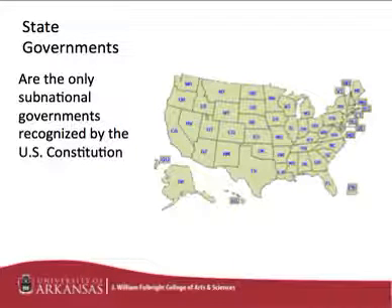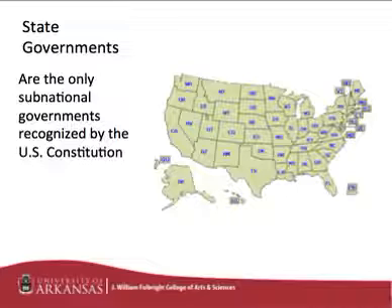Now, the state governments in the United States are the only subnational governments that are recognized by the U.S. Constitution. And when we consider the growth of this nation from 13 to 50 states, we see that there's an amount of power that is given to each one of them independently, and it hasn't changed over the years. Now, ultimately, what we see with this system are two different approaches.